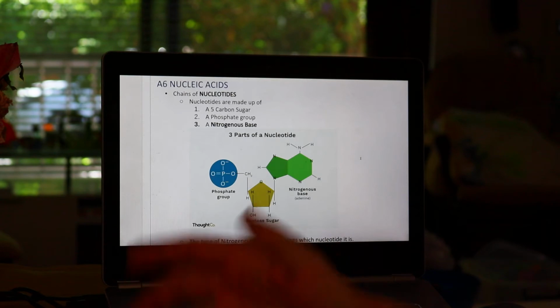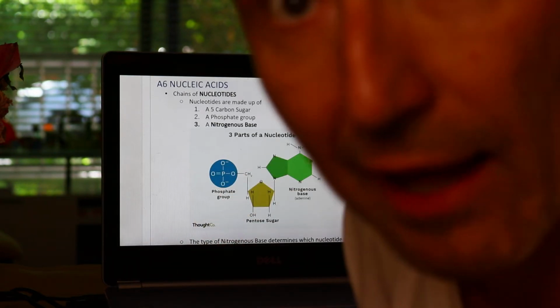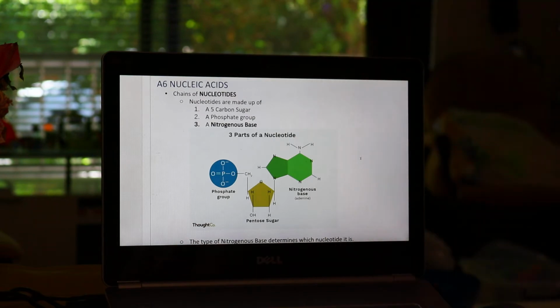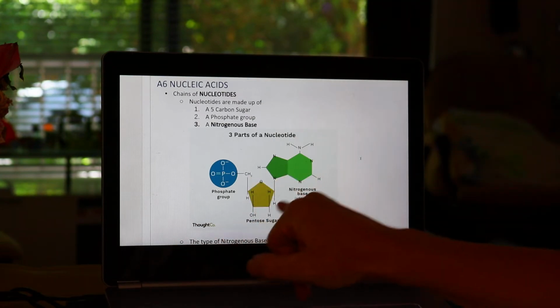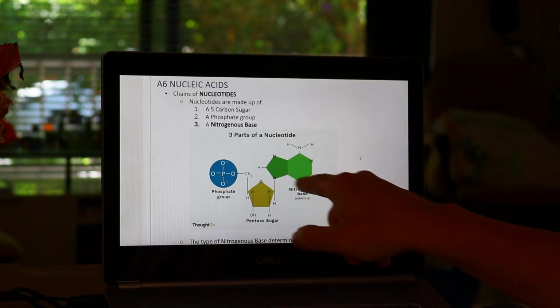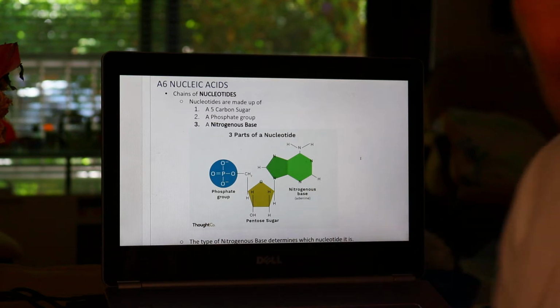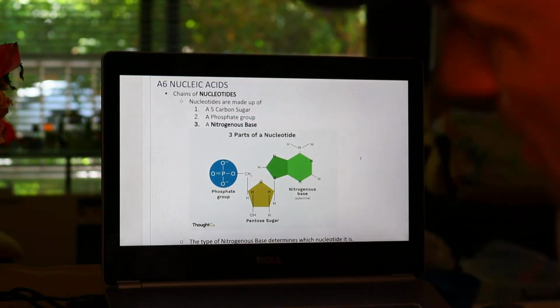Phosphate group is just a phosphorus atom with some oxygen atoms flanking it all around. It's got this 5-carbon sugar, or a pentose sugar. And one of the most important bits, a nitrogenous base, which is over here.